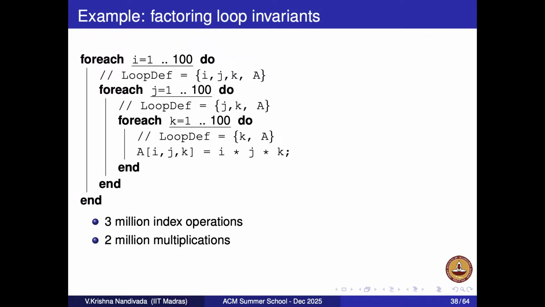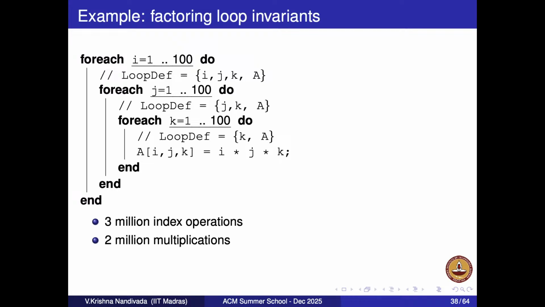Alright. Here we identify that K and A are loop defined. So I times J is loop invariant. So what can I do? What transformation can I do? Let's see who can answer. What's your name?